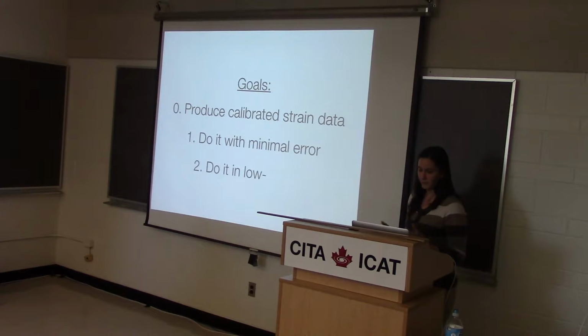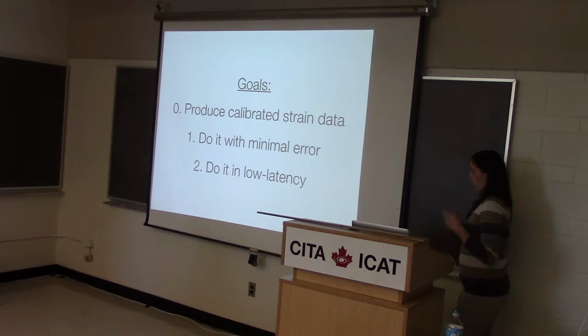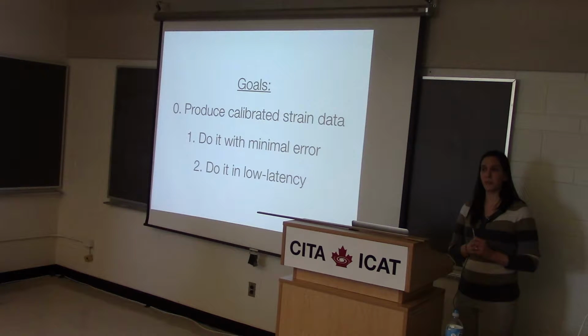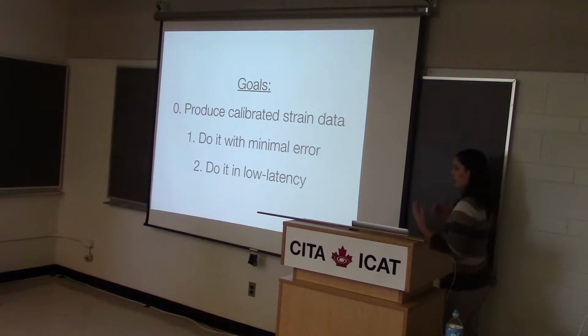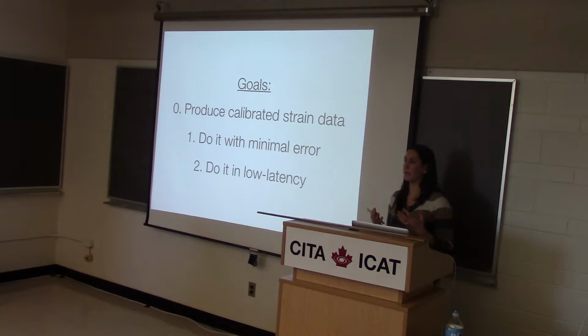And then finally, we would like to do this all in low latency. A big goal of the advanced LIGO era is electromagnetic follow-up. So for binary neutron star systems, for example, if we were to get a gravitational wave candidate from a binary neutron star signal, we've partnered with telescopes.